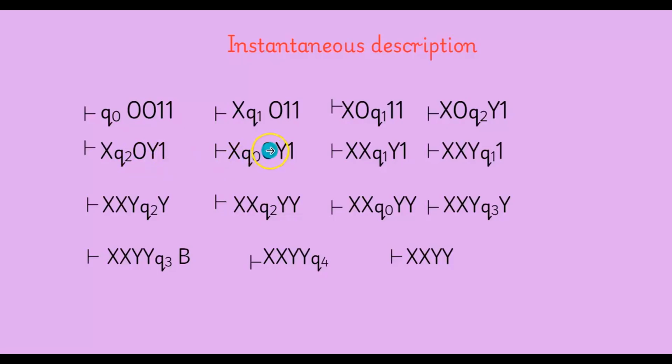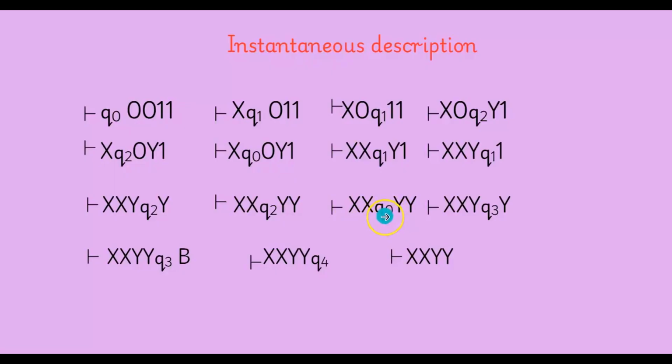Now Q0 faces 0, that means this 0 will become x. Again it goes to Q1 to find the next 1. When you find the next 1, it will make it y and reach the state Q2. In Q2 it moves left, and when it moves left, it finds the last x and reaches the Q0 state.